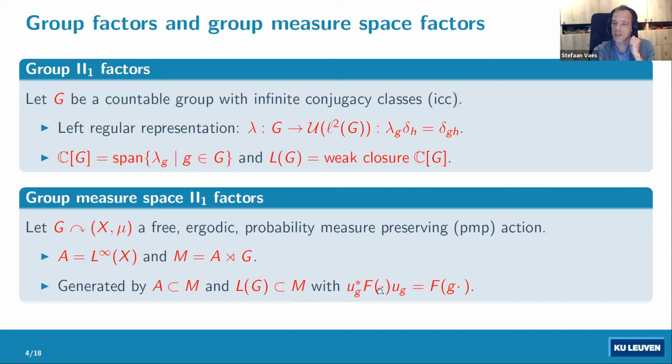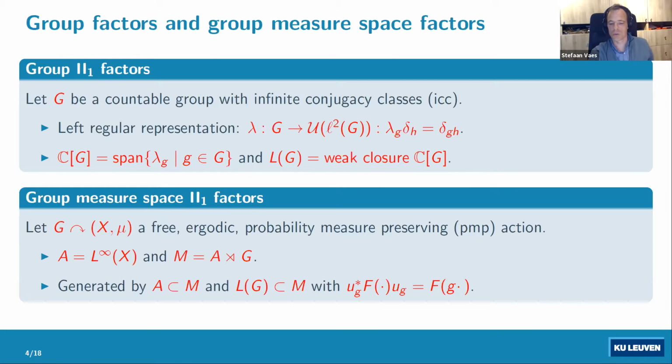Namely, if I take a function and conjugate it with a unitary u_g from my group von Neumann algebra, then this normalizes the function algebra and it reflects the action of the group on the space in this way. And then you can see what the algebraic structure is. There is a canonical trace, and together with that canonical trace, you have a completion, and you get this basic object. Okay, so these are the basic players.